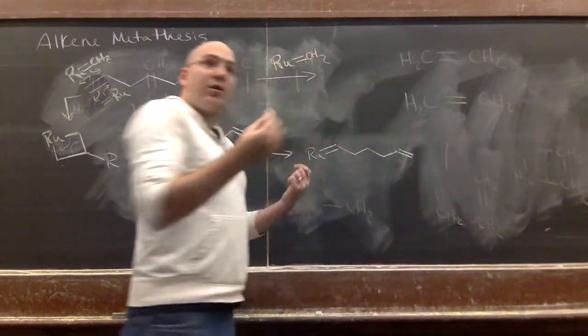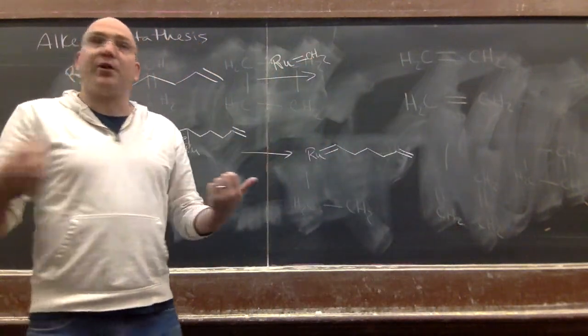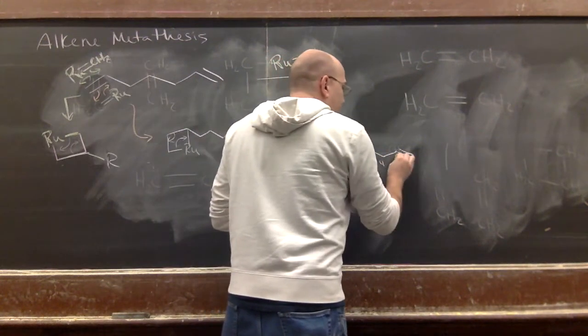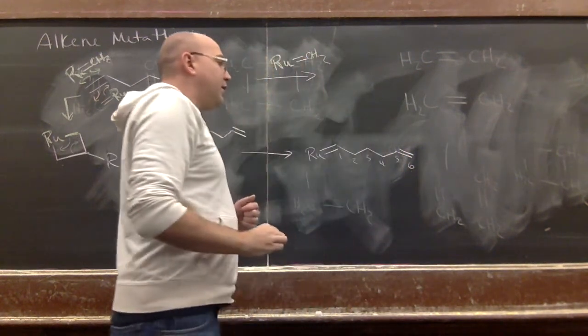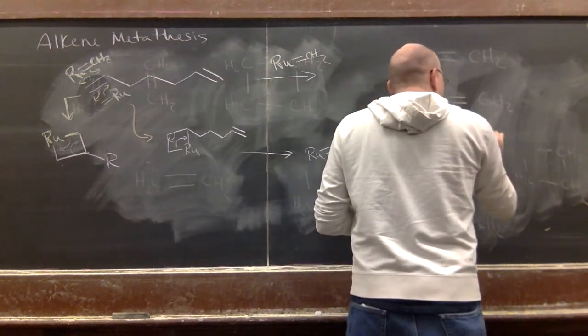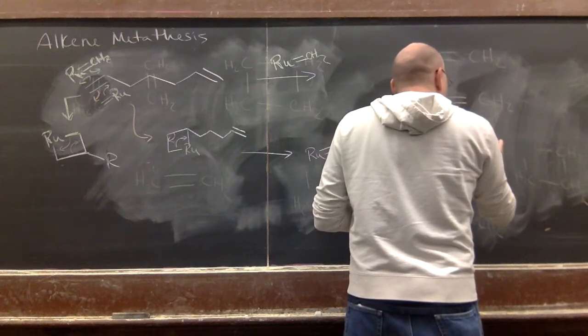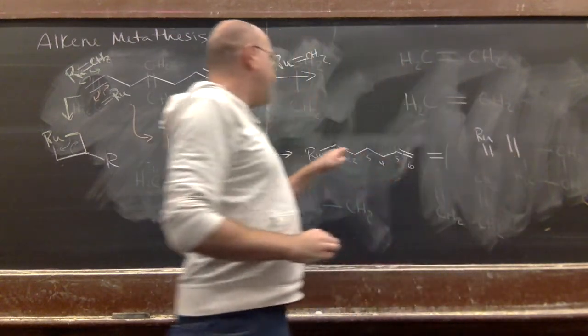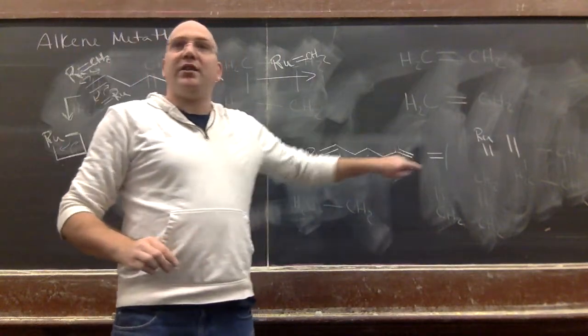And if we want to number our carbons, this is sometimes where numbering our carbons can be helpful. 1, 2, 3, 4, 5, 6. Okay? And we know, right, that what we want is that ruthenium reacting with that alkene, right?